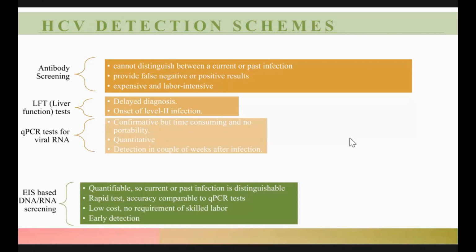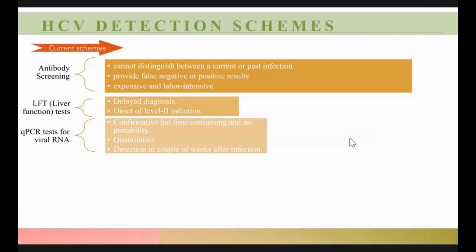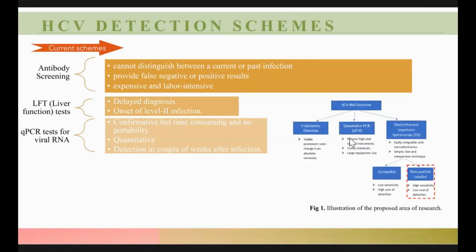So based on that, we have decided to develop an electrochemical biosensing mechanism. If we look at the literature, they offer a decent level of accuracy, but still they can give quite quick results. Sometimes within minutes or an hour, they can give out the result.